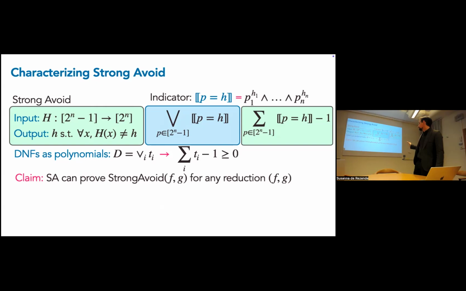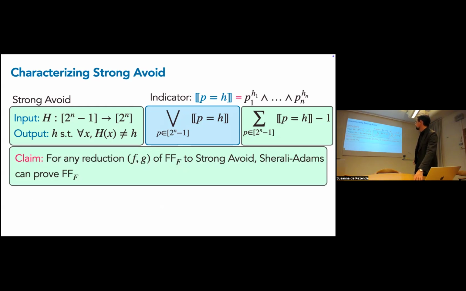You could also prove, using the same sort of idea, any reduction to strong avoid; you can prove the reduced formula. First you derive the reduced formula using sigma 2 weakening, and then you sum up over all the axioms. So if you can reduce to strong avoid, you can prove the corresponding formula in Sherali-Adams.